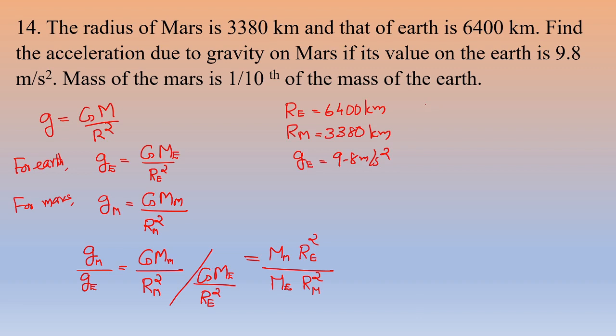The mass of Mars is 1/10 of the mass of the Earth. So the mass of Mars divided by the mass of the Earth is equal to 1/10.